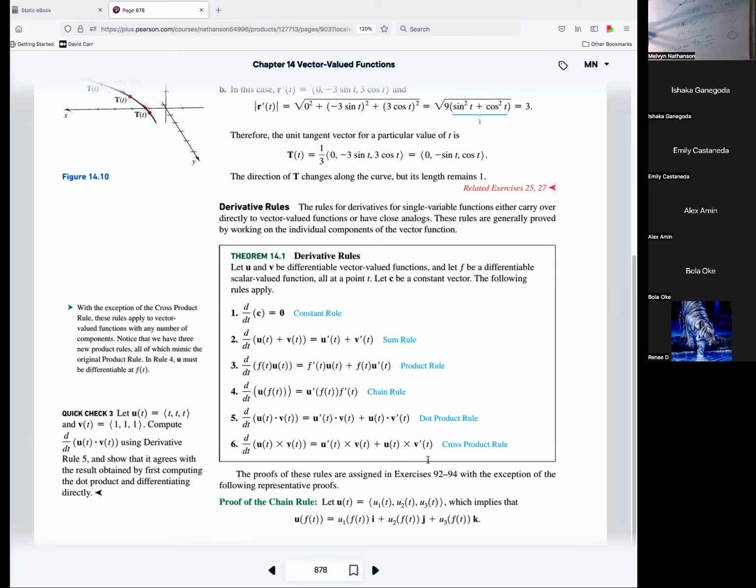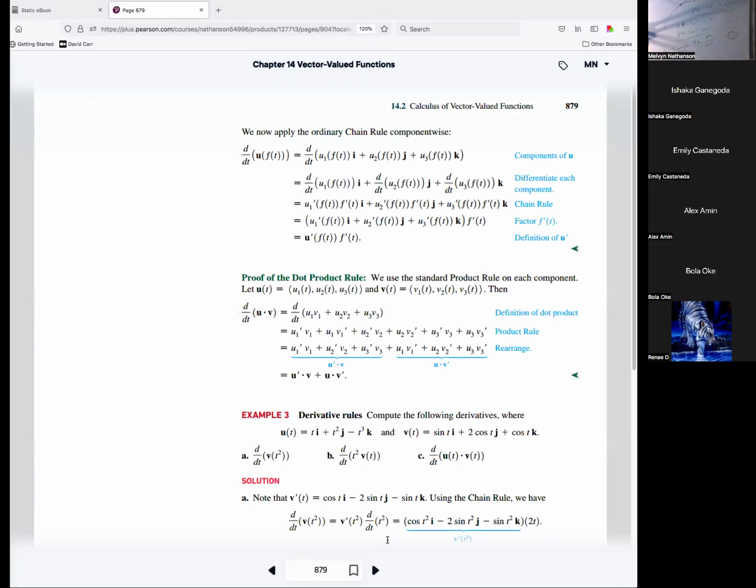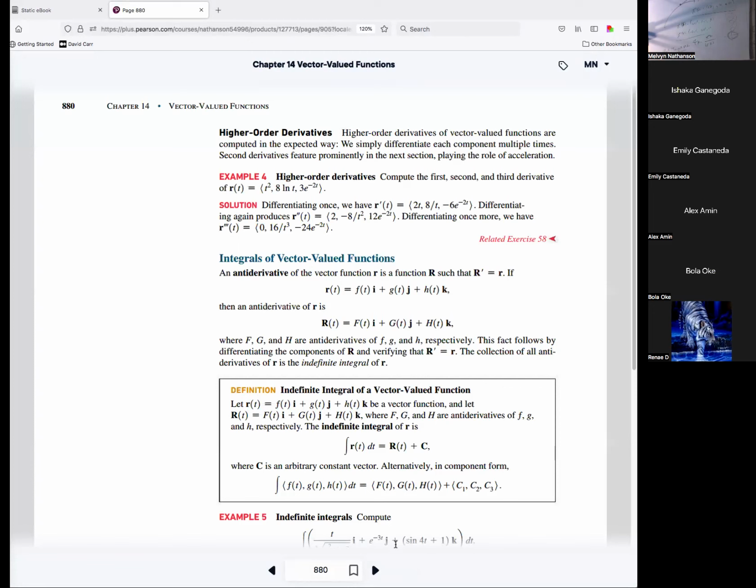And this really summarizes everything there is to know about these functions and their derivatives. But of course, calculus involves two operations, differentiation and integration. And the way you integrate a vector valued function is simply to integrate each component one by one.